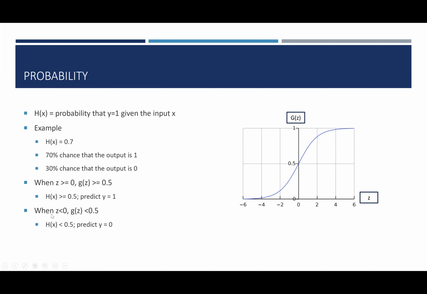And then when z is less than 0, so on this side of the graph, g of z is less than 0.5, and therefore h of x is less than 0.5, and you can predict that the class of this example is equal to 0.